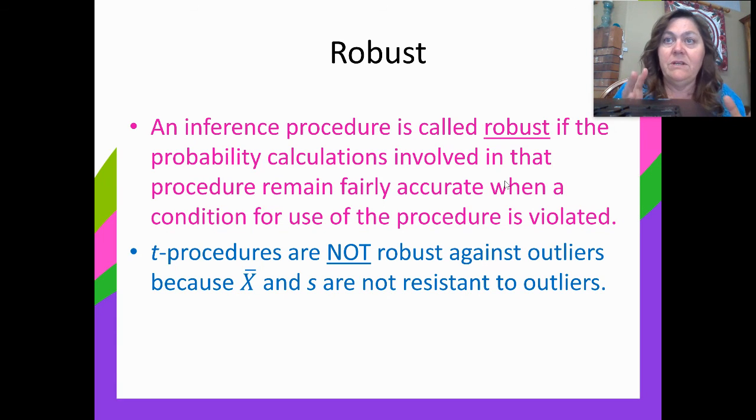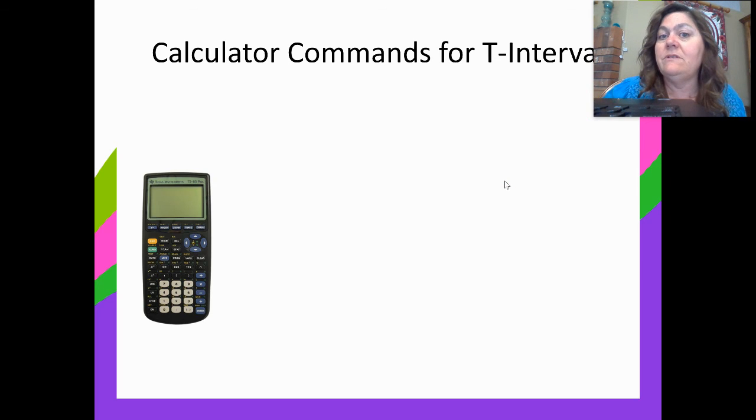Outliers cause a big difference in them, and you know what's in our formula? x bar and s. So if those are really affected by outliers, then so is the t procedure, getting your t interval. Now, the bigger n gets, the less impact that has. It can be more robust, but the t procedure itself is not.